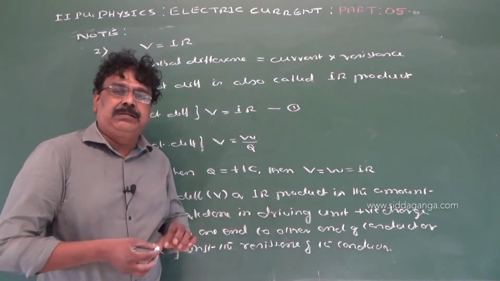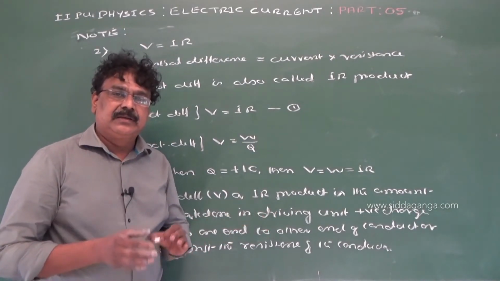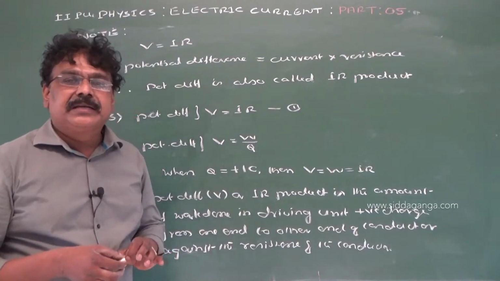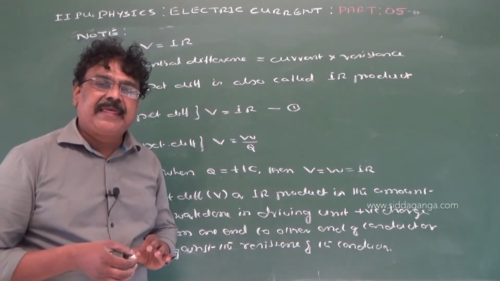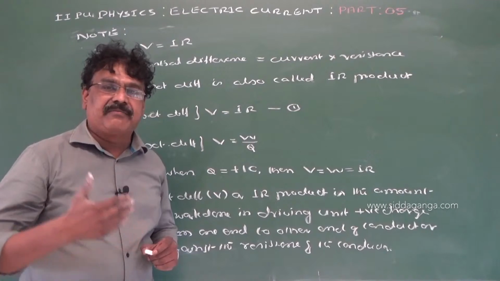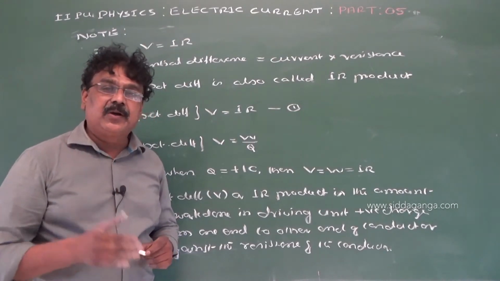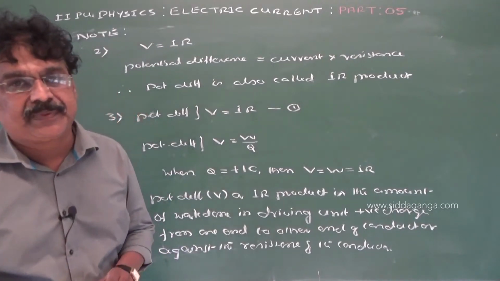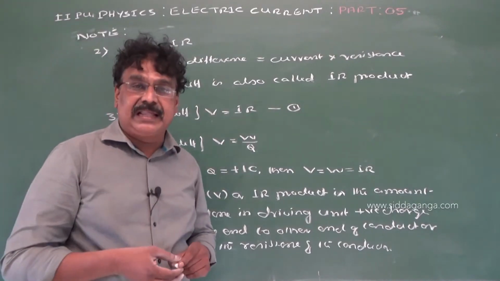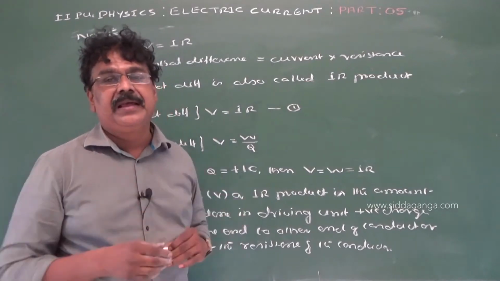In fact, this resistance R is the opposition offered by a conductor for the flow of current through it, right? To overcome that opposition, we have to spend energy or do work, right?